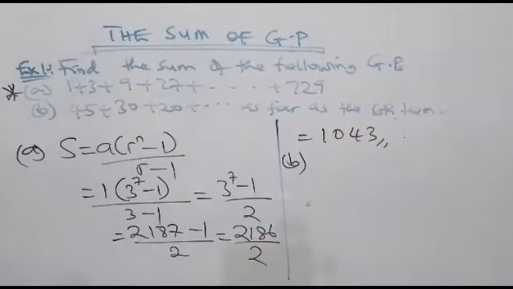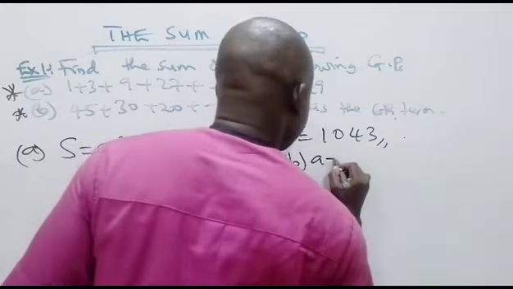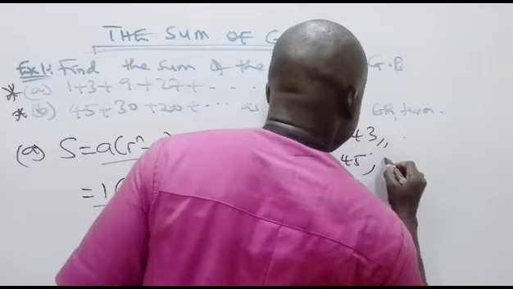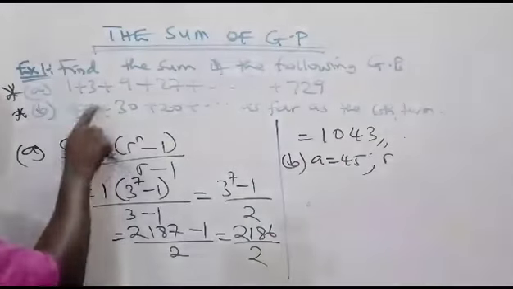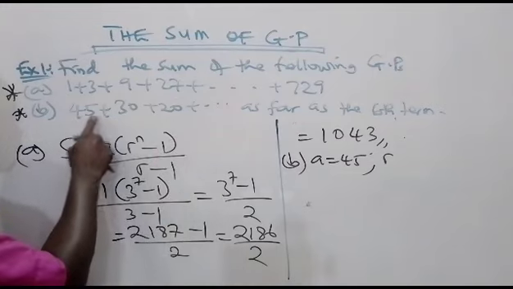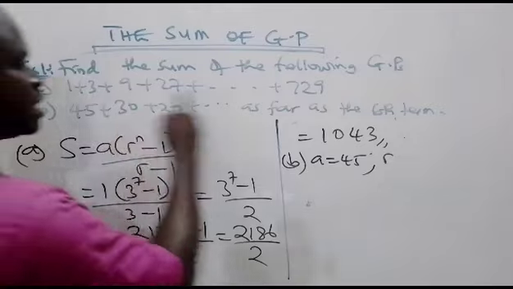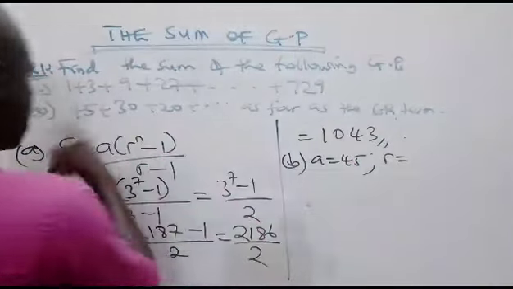So let's look at the B part of the question. What is the first term? A is equal to 45. Then what is the common ratio? Because this is also a geometric progression, first term, second term, that is 30 divided by 45, or 20 divided by 30. Irrespective of the one we decide to choose, we are going to get the same thing.